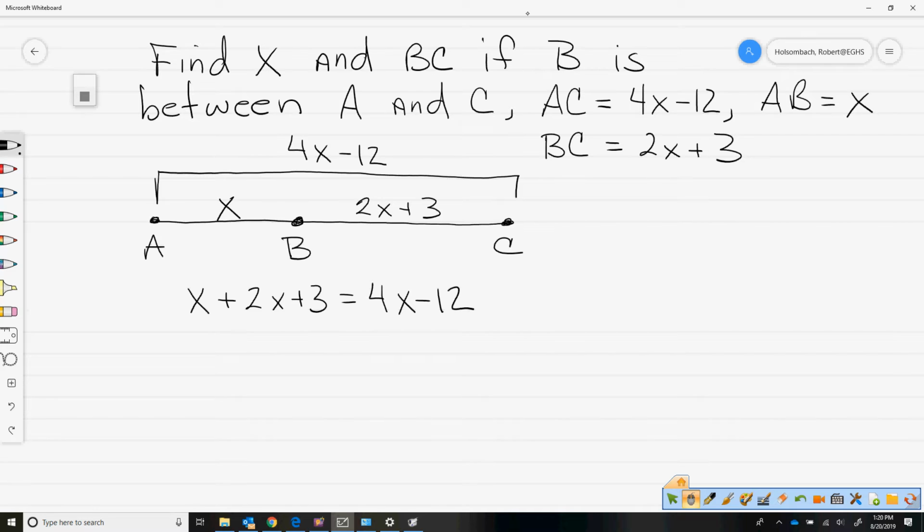So on the left-hand side of this equation, you've got x plus 2x plus 3. Well, x plus 2x is 3x. So 3x plus 3 equals 4x minus 12. Subtract the 3x from each side.